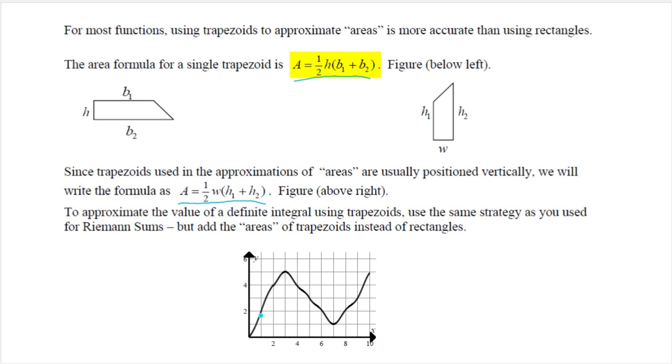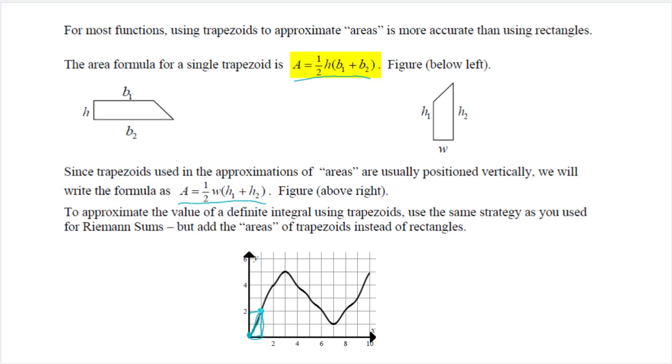If we considered one of the graphs that we used before, and took each of these individual pieces, if we went from 0 to 1, using the 0 side as one point and the 1 side as another point, then in this case it looks more like a triangle, but we would have a much more accurate picture than if we were to make this an actual rectangle.